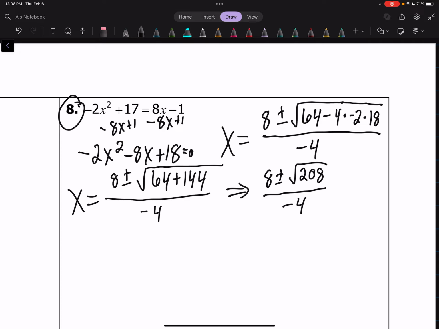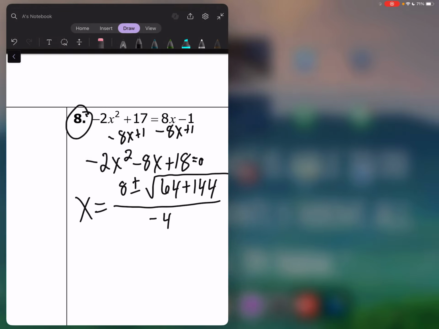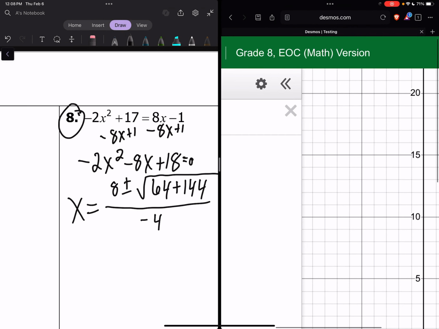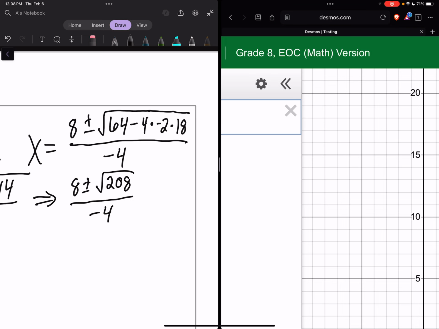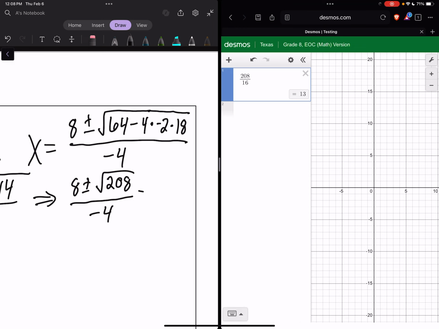So if you go into Desmos, and I'll show you this part, you divide by a perfect square from 208 to get your answer here. 208 divided by a perfect square is 16, that'll go into it, and I get 13. So this is 8 plus or minus the square root of 16 times the square root of 13 over negative 4.